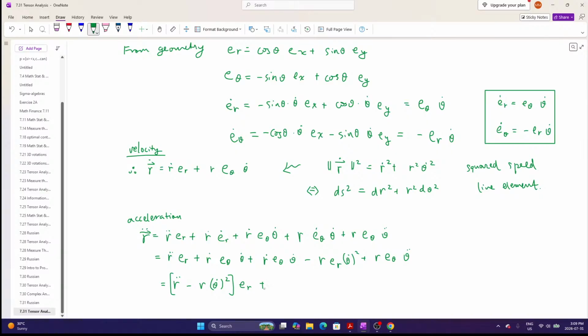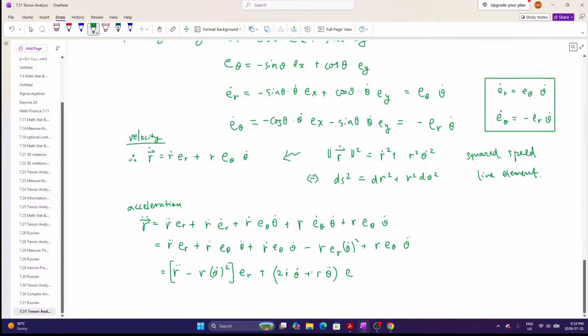And then plus 2, not double dot, single dot, r dot theta dot, and then plus r theta double dot, times the unit vector in the tangential direction, e_theta. So that's the formula for the acceleration.